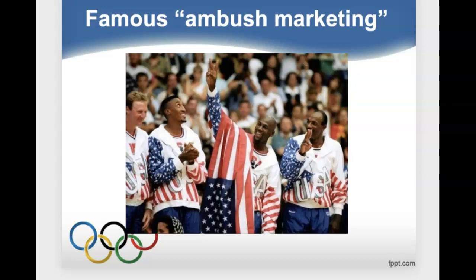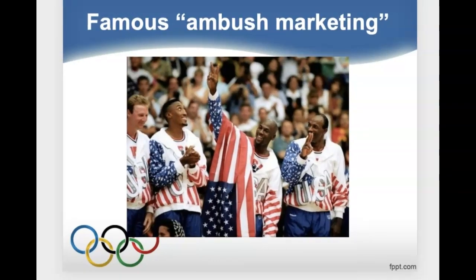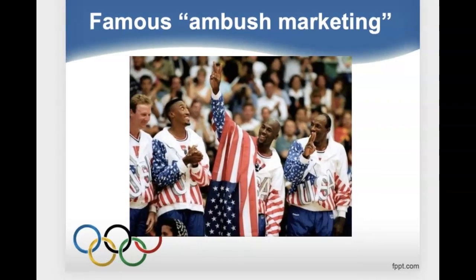If you watch the 1992 Olympic Games that took place in Barcelona, Spain, it was really interesting because that was the first time NBA players were able to play at the Olympic Games. Historically, the Olympic Games tried to promote themselves as an amateur sporting event, providing opportunities for amateur athletes participating in the Olympic Games, right?